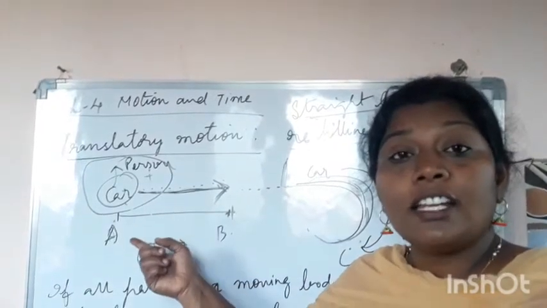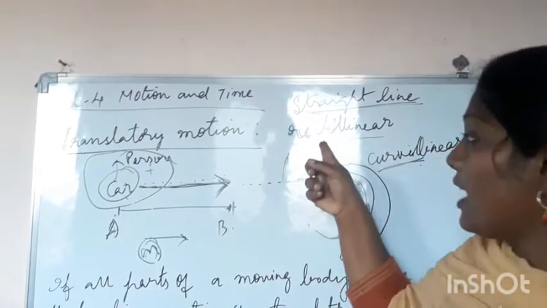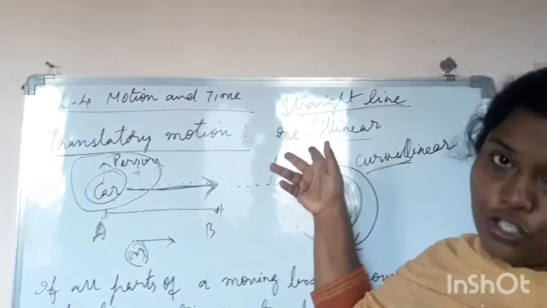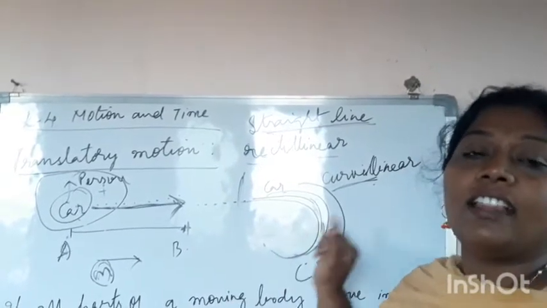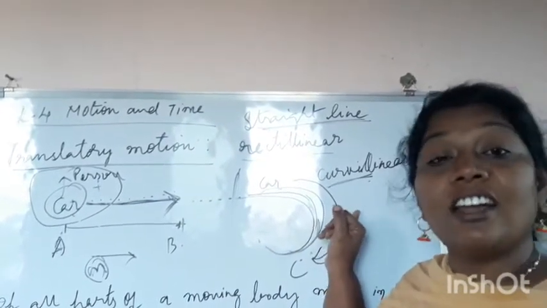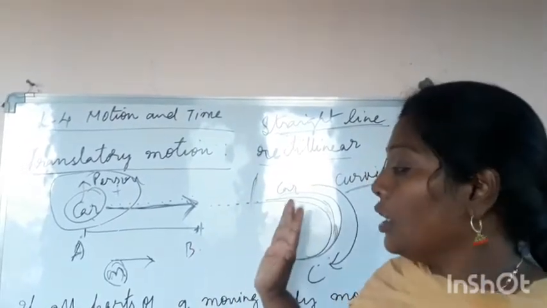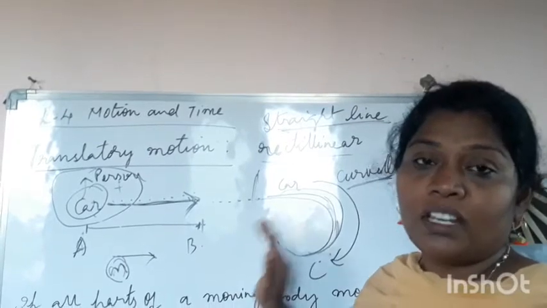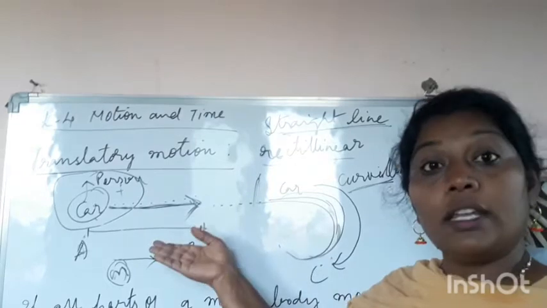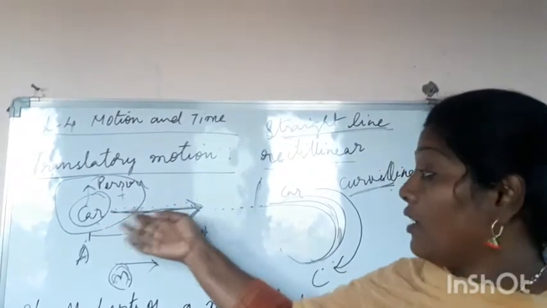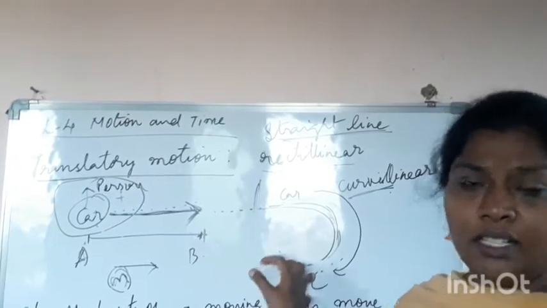If the translatory motion object is going in a straight line, it is called rectilinear motion. If the same object is taking a curve, then the object is showing a curvilinear motion. So children, here you have to observe whether all the parts of the moving object are moving in the direction of the motion, whether it is passing in a straight line or it is moving in a curved line.